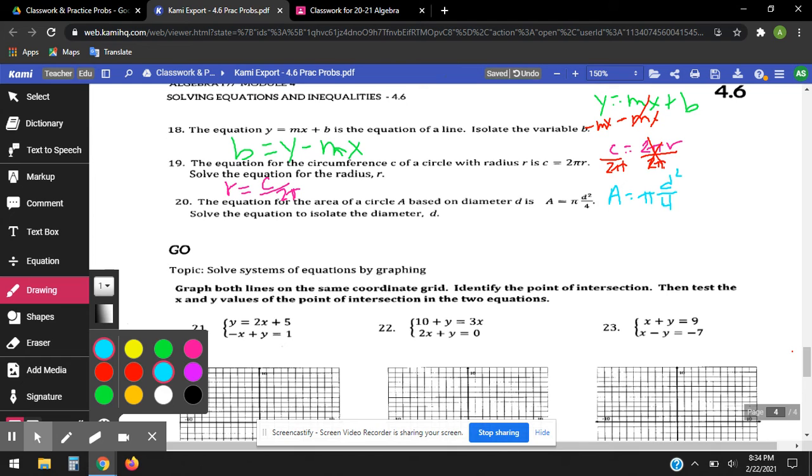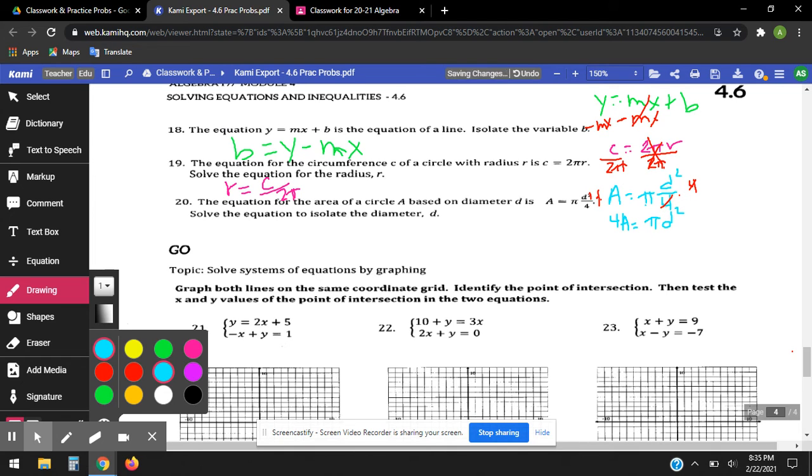Well, let's multiply by 4 to get rid of this 4. So times 4 times 4. So 4A equals pi d squared.